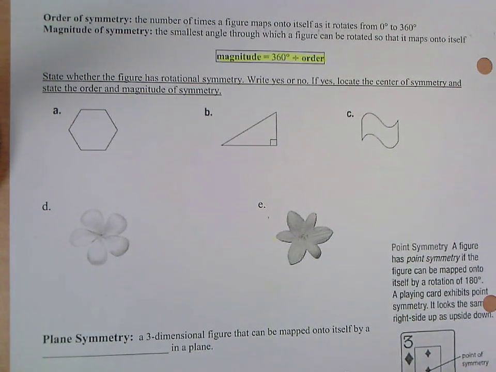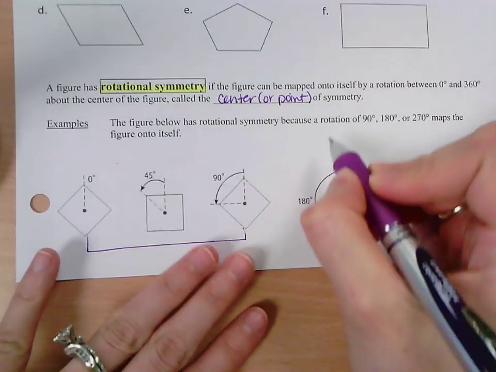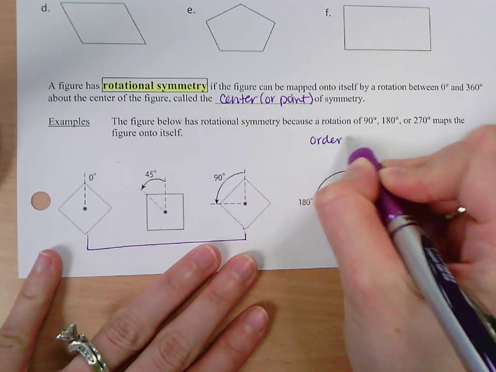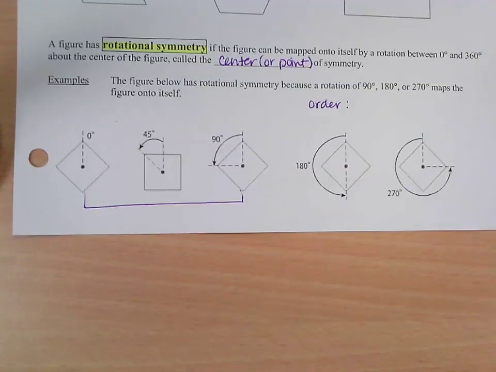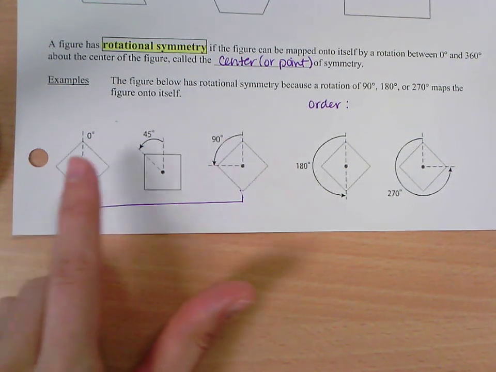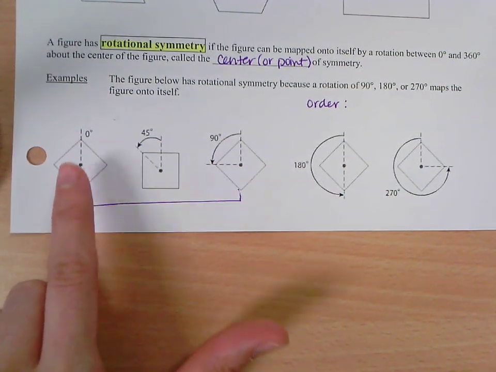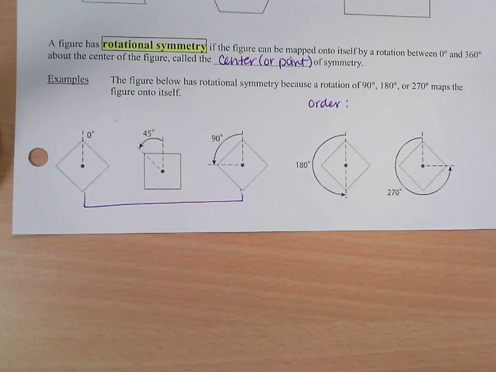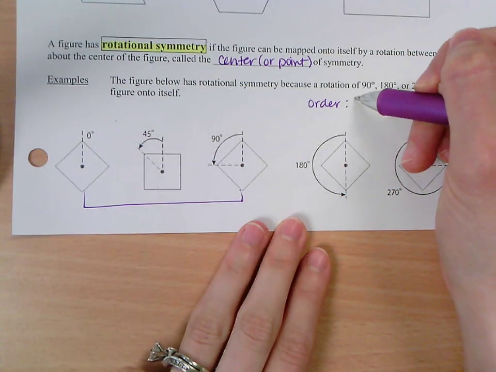So I actually want to flip back to the example we just looked at. So this would have an order of, we said it mapped onto itself at 90 degrees, 180, 270, and then 360. So the order, in this case, I would include the 360.